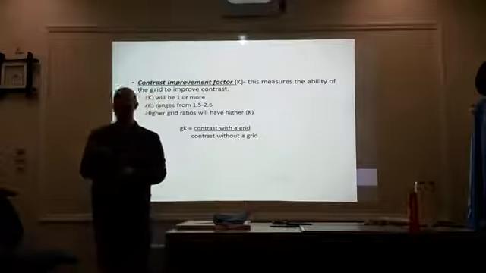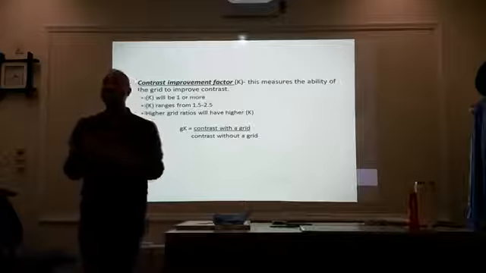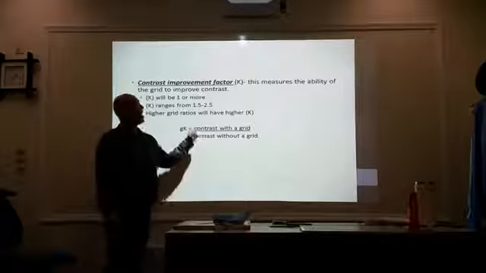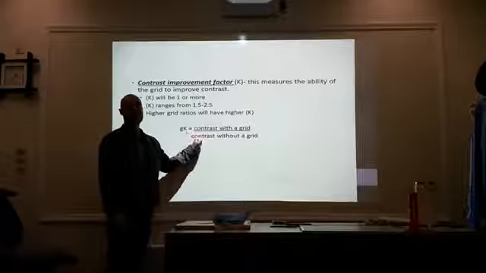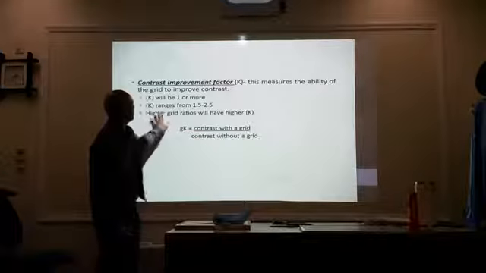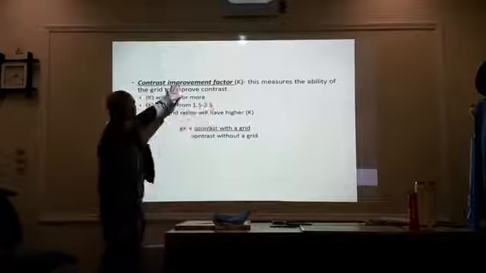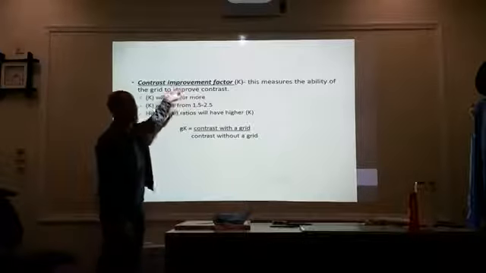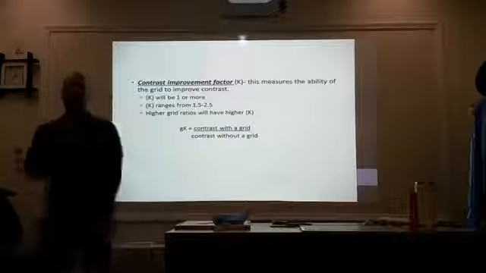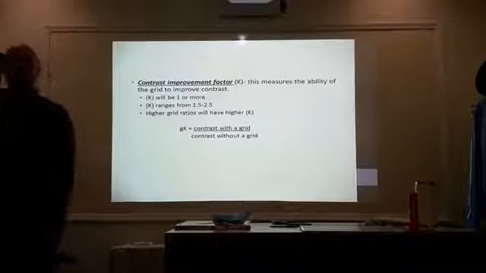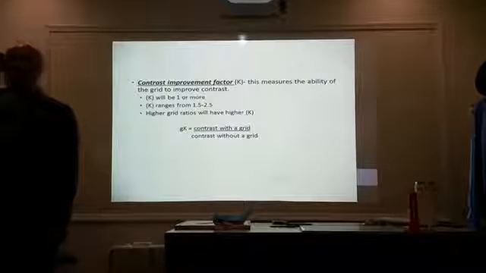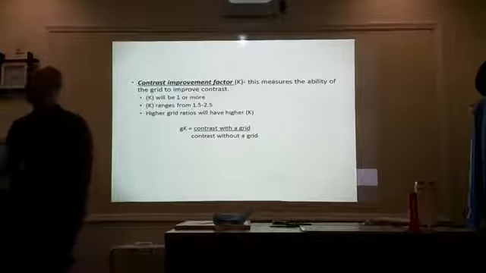So higher grid ratios have better selectivity, therefore they're going to give you a higher K number, higher contrast improvement factor. Don't get yourself all wound up in this. Just the definition. Higher grid ratio is going to give you better contrast, a higher K factor.